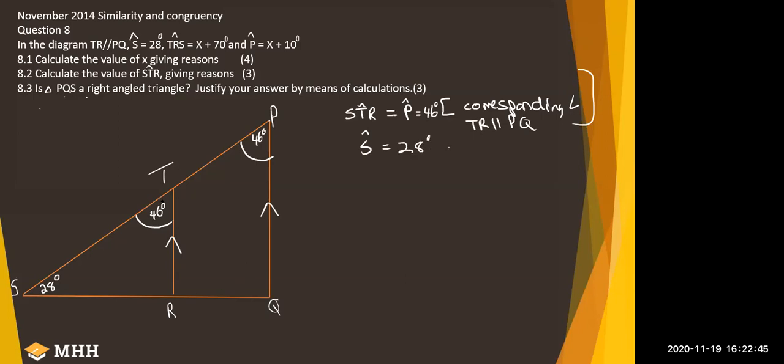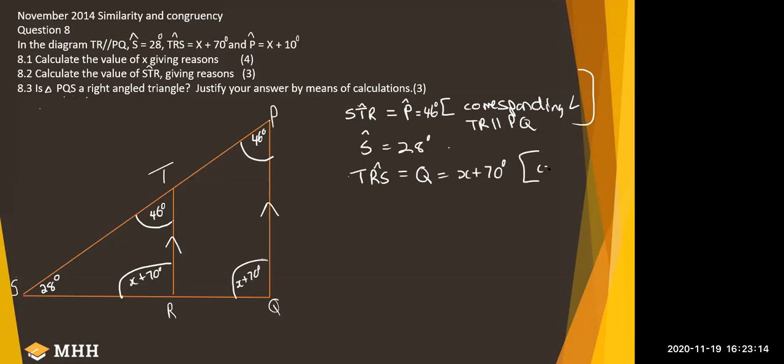And TRS, okay, TRS was given. This one was X plus 70. So I'm going to say that angle Q will also be equal to X plus 70. Angle TRS is equal to angle Q is equal to X plus 70.